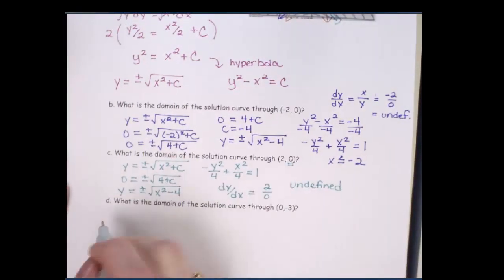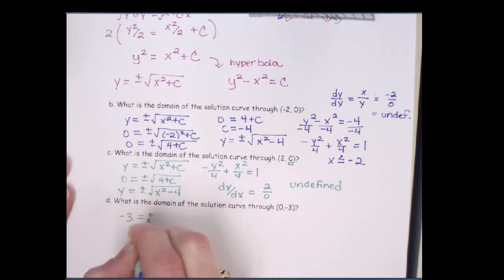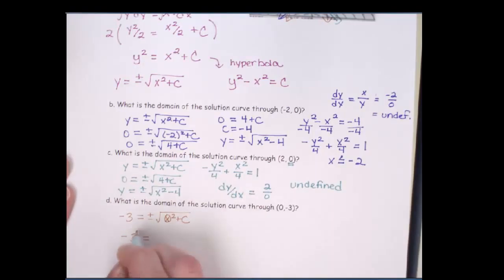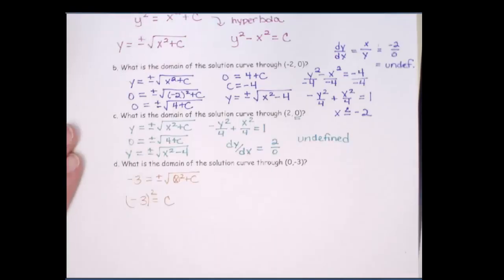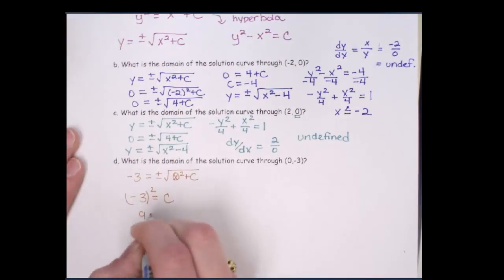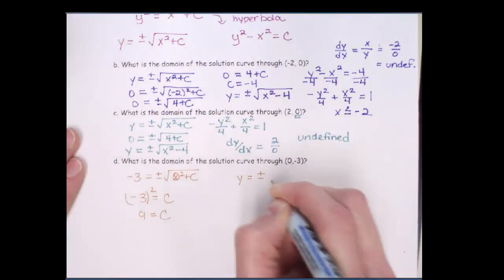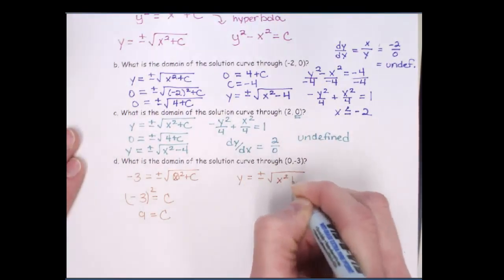Or if you think about solving for c here, so I get negative 3 equals negative 3 squared equals c, because I got to square both sides.